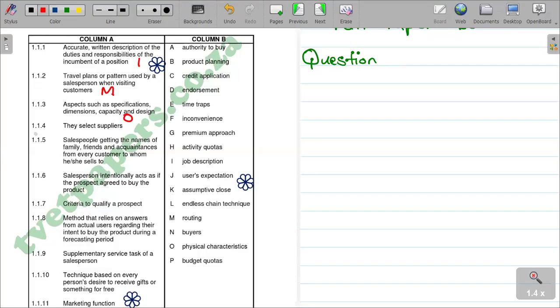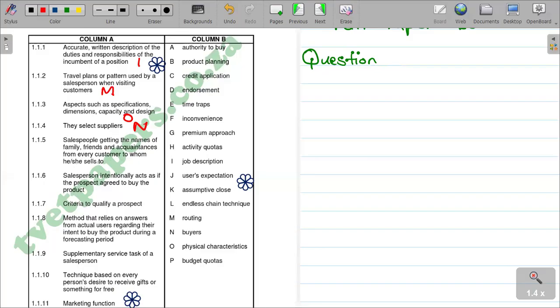1.14, they select suppliers. Who selects suppliers? You can find that the buyers are the ones who select suppliers. So buyers is the answer, which is N. 1.15, salesperson getting the names of the family, friends, and acquaintances from every customer to whom he or she sells.